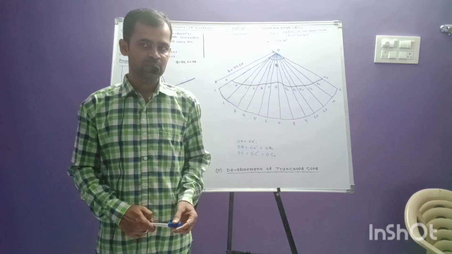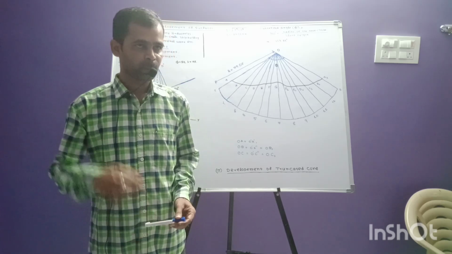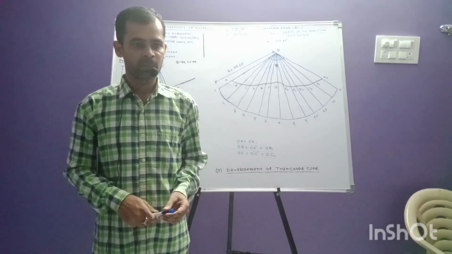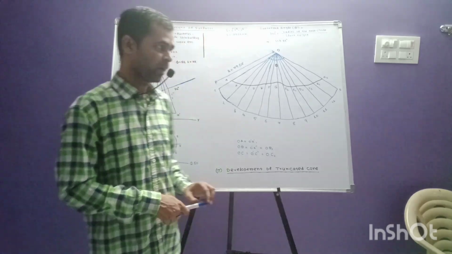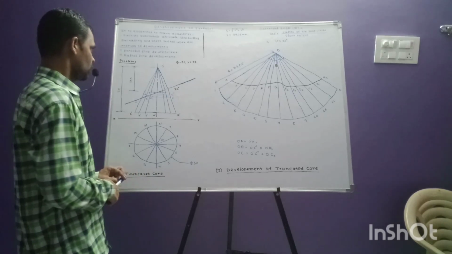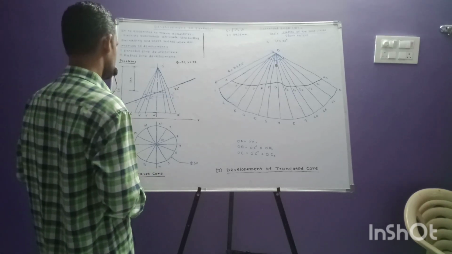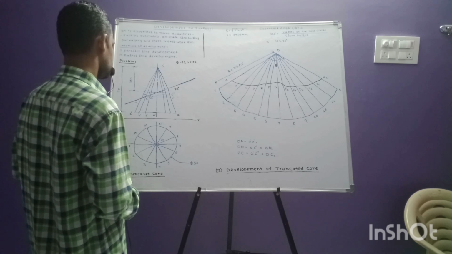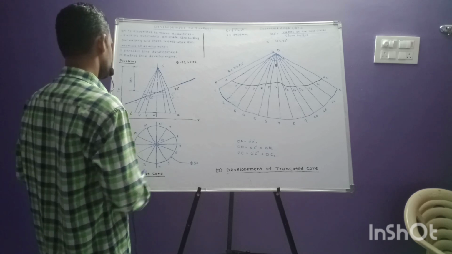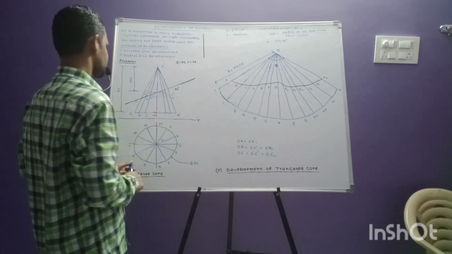When the surface of the solid is parallel to the axis of the solid, the parallel line development method is used. When the surfaces of the solid are not parallel, they are inclined to the axis of the object, the radial line development method is used.